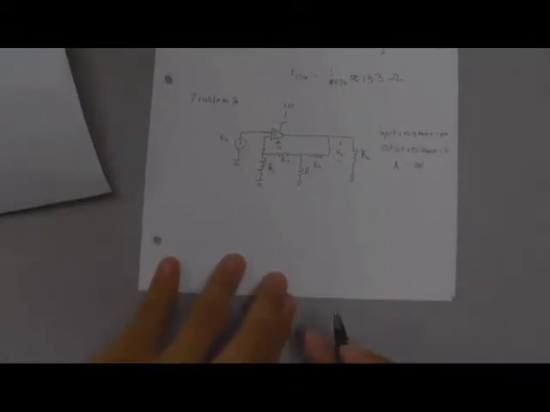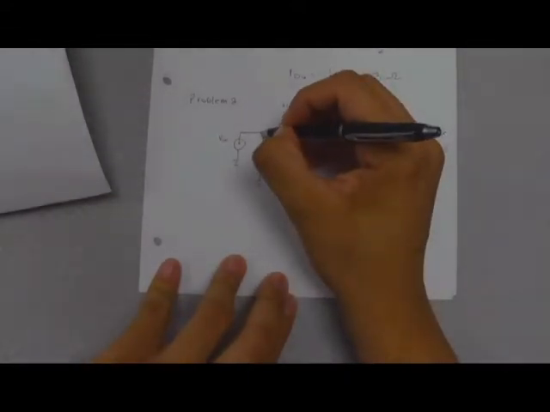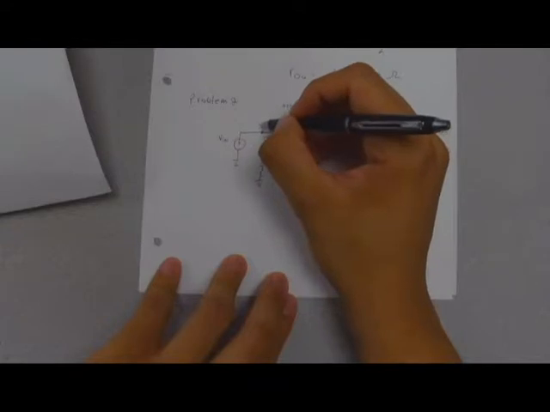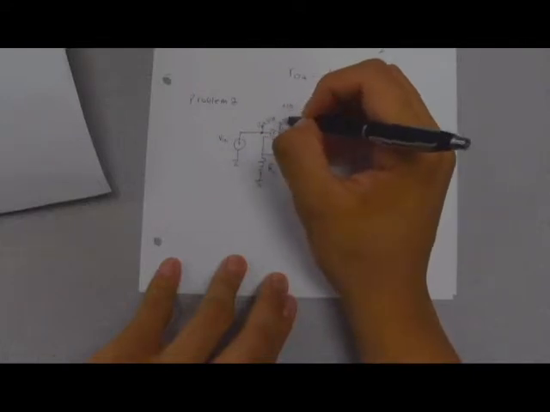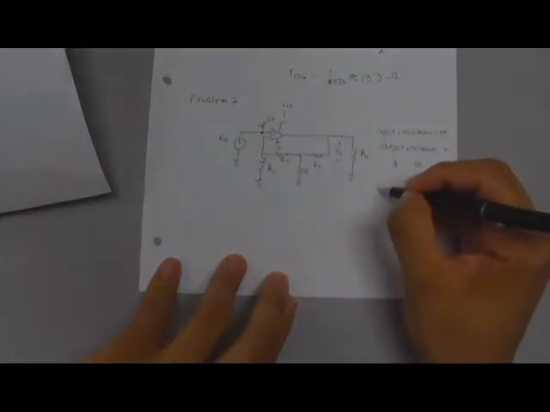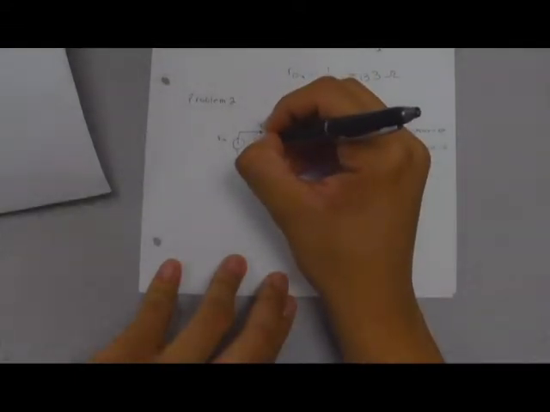So, first off, we're going to write out those node voltage equations. So looking here, we see that this is going to be the Vn, or the Vn positive, or Vp. And that's going to be equal to Vn.